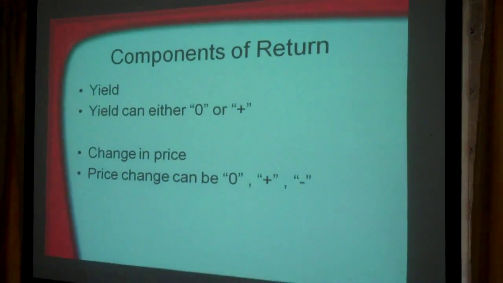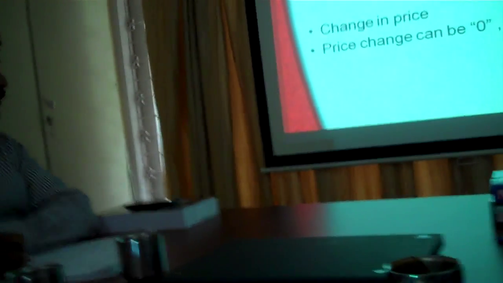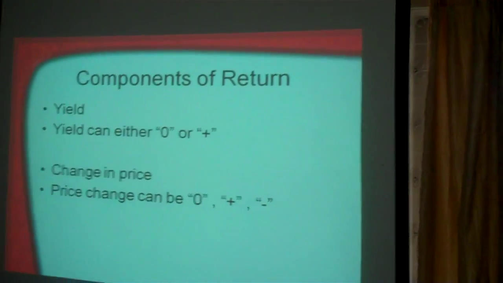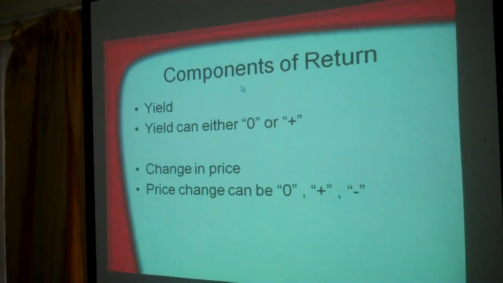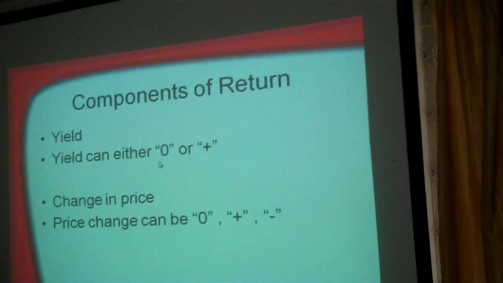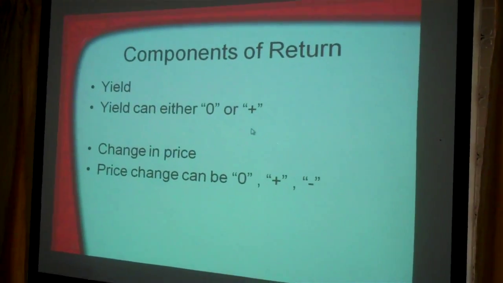Okay. So when I say returns from the stock, it can be two things. One is it gives me a dividend, right? When I buy a share, it gives me a dividend, and that is called yield. So it can be either zero, that is the company doesn't pay any dividends, or it will give some dividends, so it is plus.